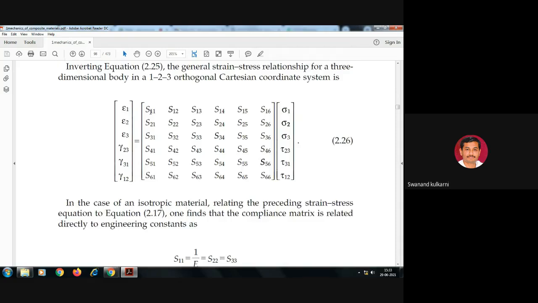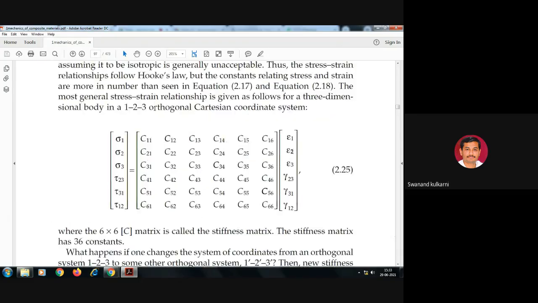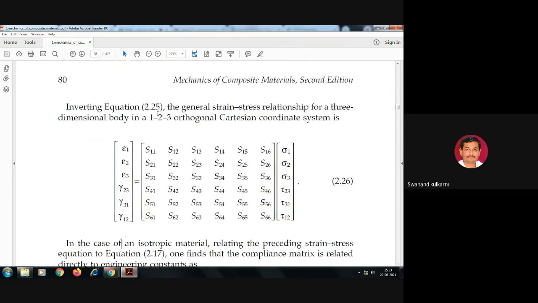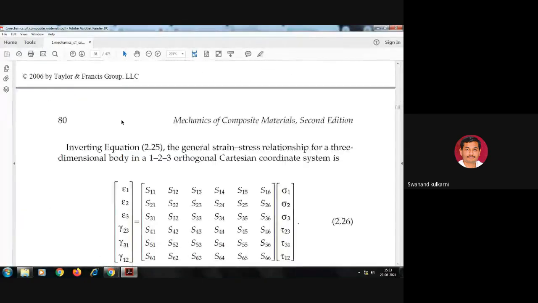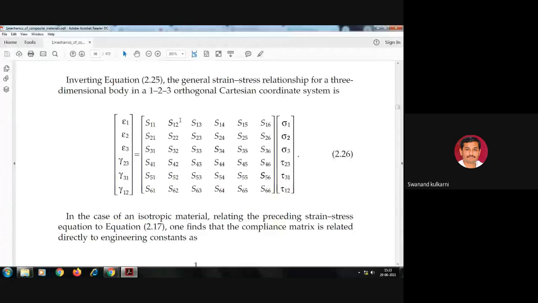This represents S11 to S66. All these 36 constants are shown here in the compliance matrix. So now we know what the stiffness matrix is and what the compliance matrix is, from the relationship between stress and strain and between strain and stress.